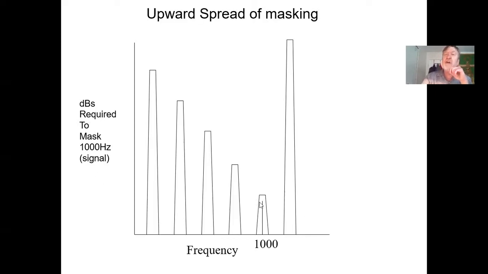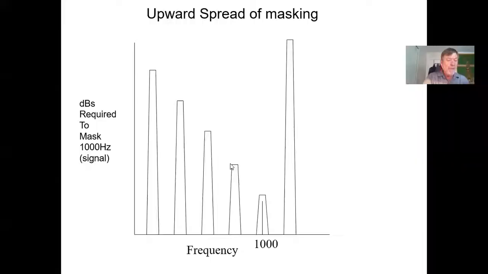Now let's say I try to mask that 1,000 hertz signal, but I want to mask it with a lower frequency. So now I'm trying to mask this, but the narrow band of noise doesn't surround 1,000 hertz anymore. Now it's 500 hertz.